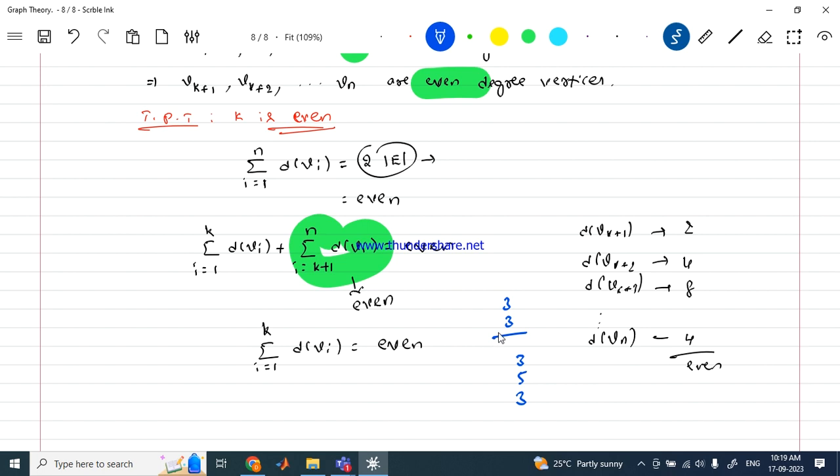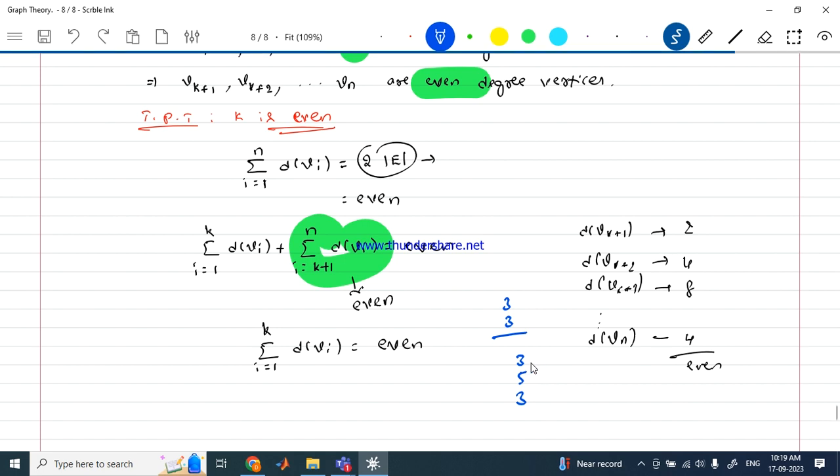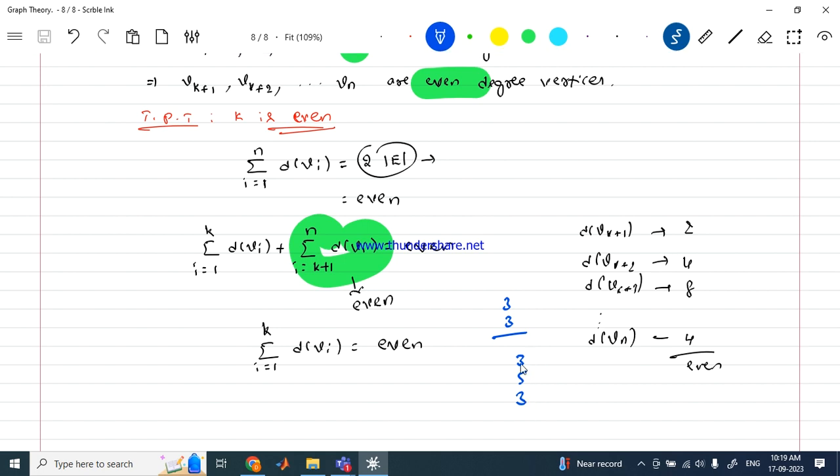Which means that if we are adding an odd number of odd numbers, 1, 2, 3, we are going to end up with an odd number. And if we are adding an even number of odd numbers, like 2 numbers here, we are going to end up with an even number.